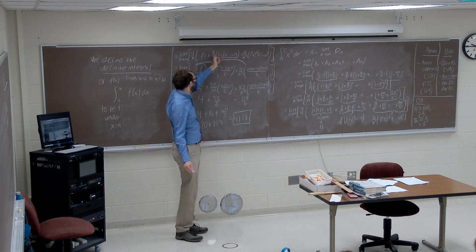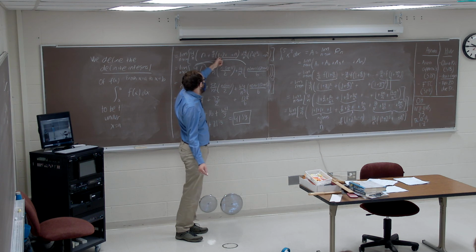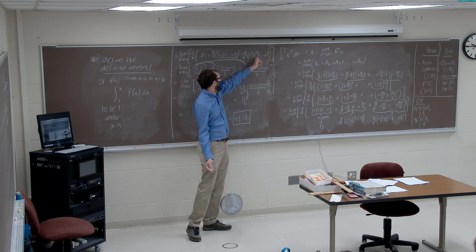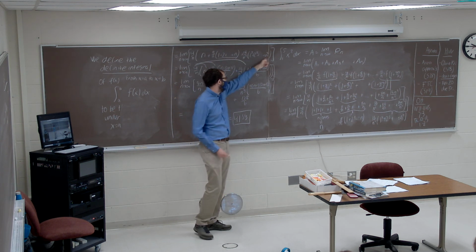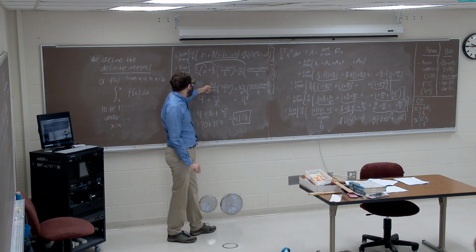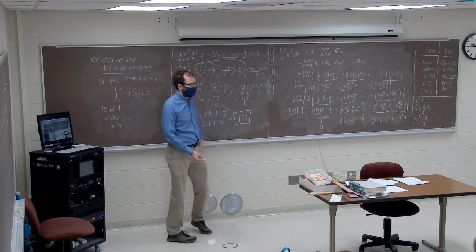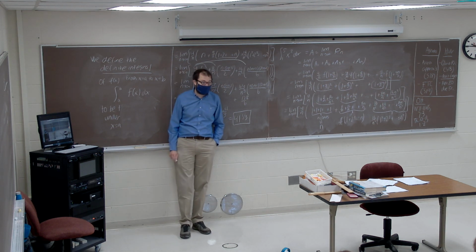We used Gauss's formulas to simplify 1 plus 2 plus 3 all the way up to n, and 1 squared plus 2 squared plus 3 squared all the way up to n squared. And then I did behind the scenes a bunch of standard 2 stuff to simplify each of these limits down to get a numerical answer of 41 and a third for the area under x squared from 1 to 5.